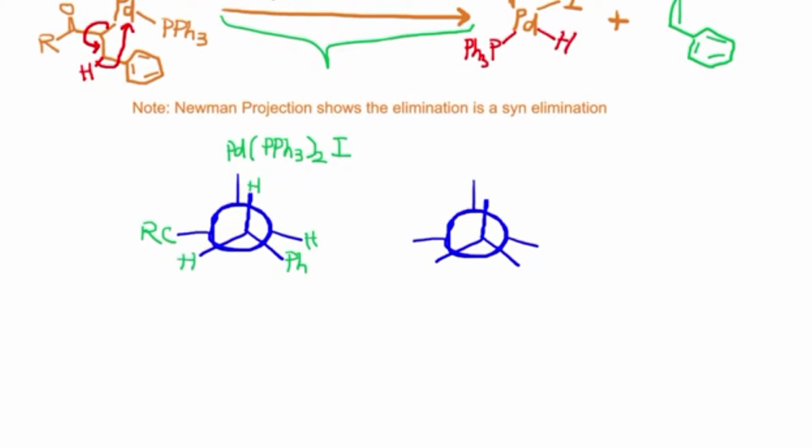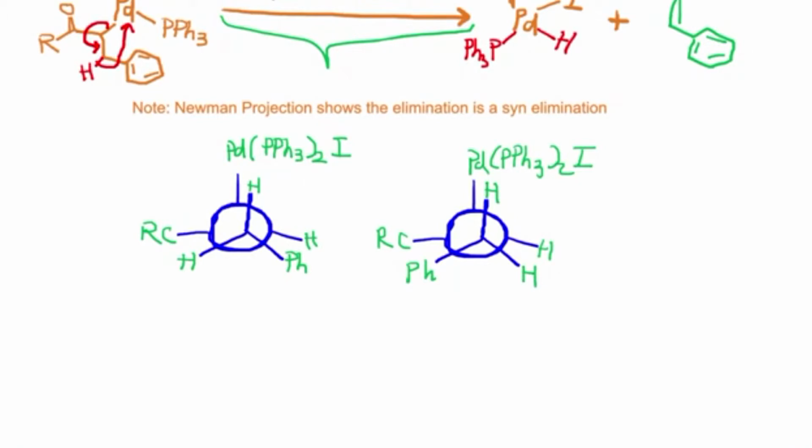I'll make the back of the structure the same on the other side, however there will be a slight change at the front. At the front we have our hydrogen, but our phenyl group is positioned on the other side, with a hydrogen right there.